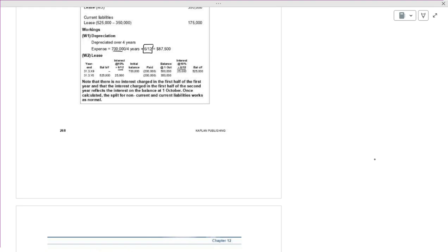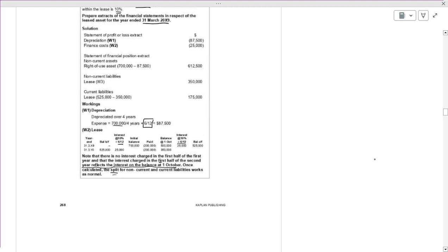By default, there is no interest charge in the first half of the first year and interest is charged in the first half of the second year. Reflect that interest on the balance at 1st October, whatever the outstanding balance is. On the outstanding balance, we calculate the interest.